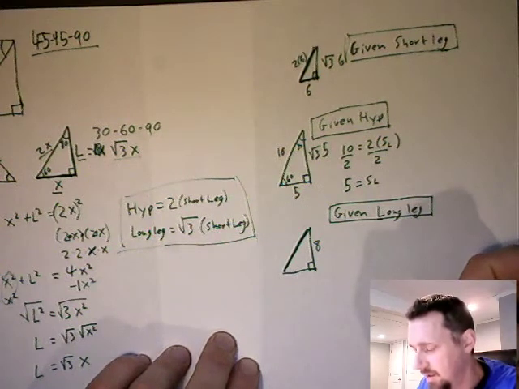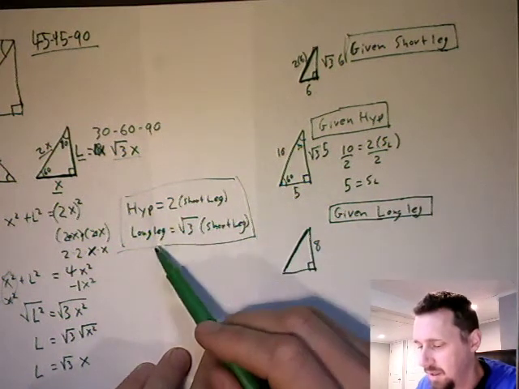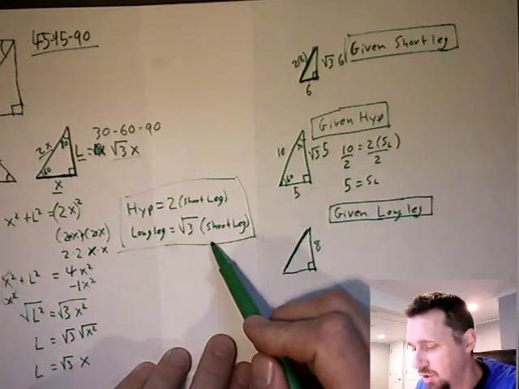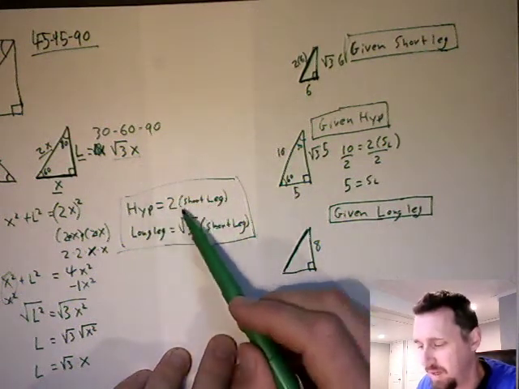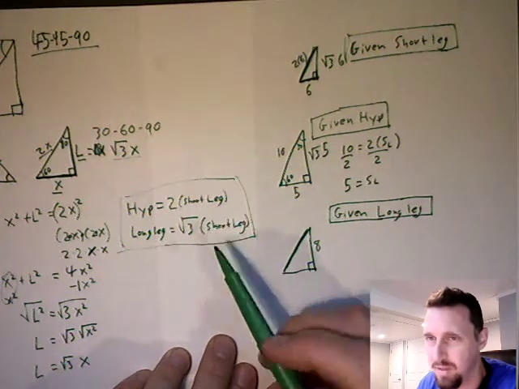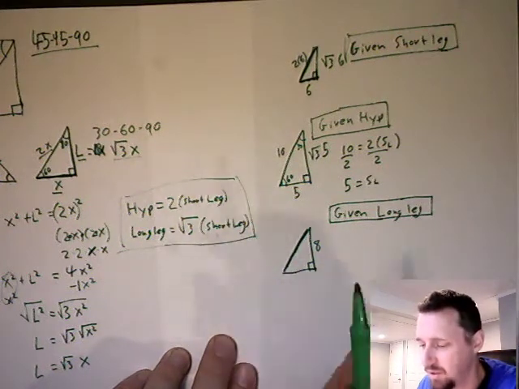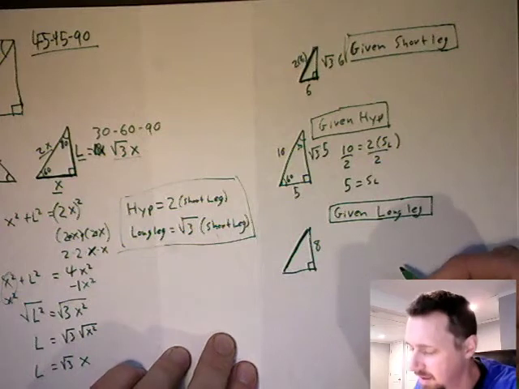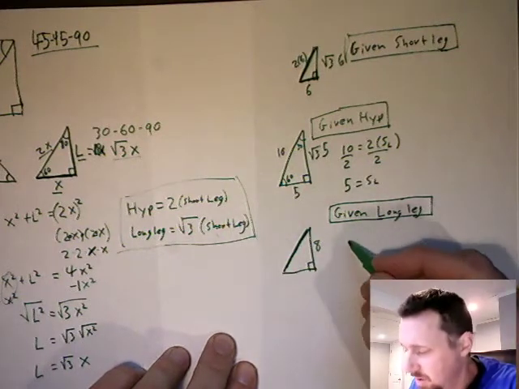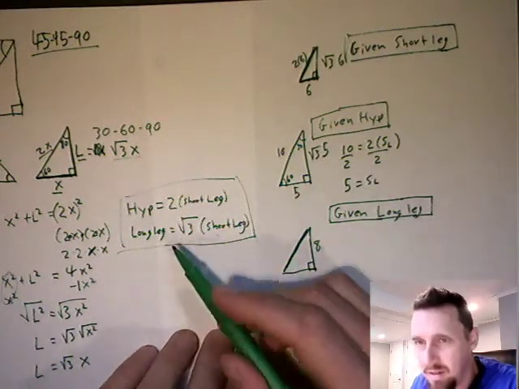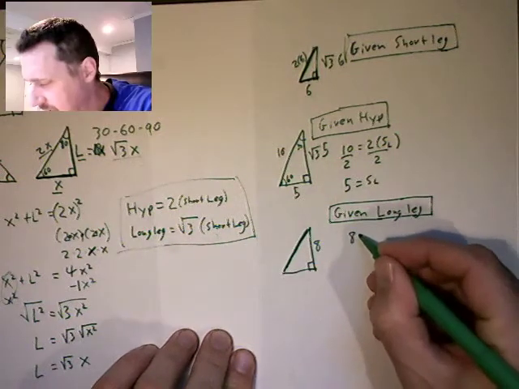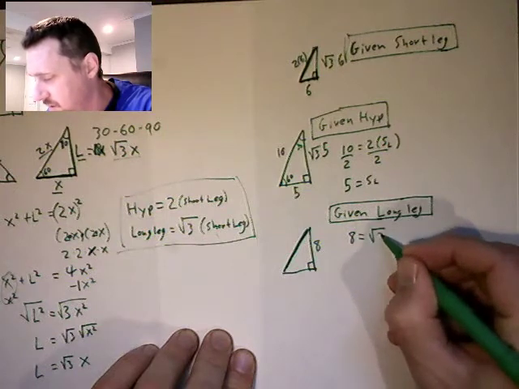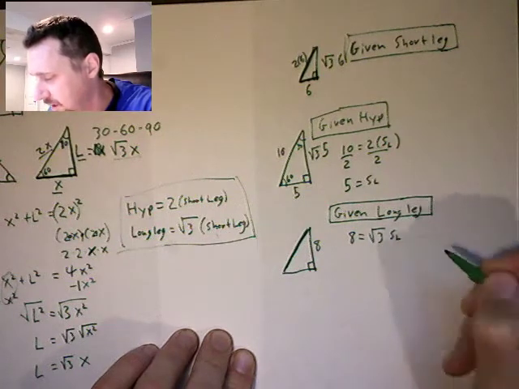So what happens if the long leg is 8? Well, let's put that in. Let's find the short leg because my equation for the hypotenuse involves the short leg. So I better find the short leg first. Once I find the short leg, finding the hypotenuse will be easy. So using my long leg equals root 3 times the short leg, that means that 8 equals the square root of 3 times the short leg.